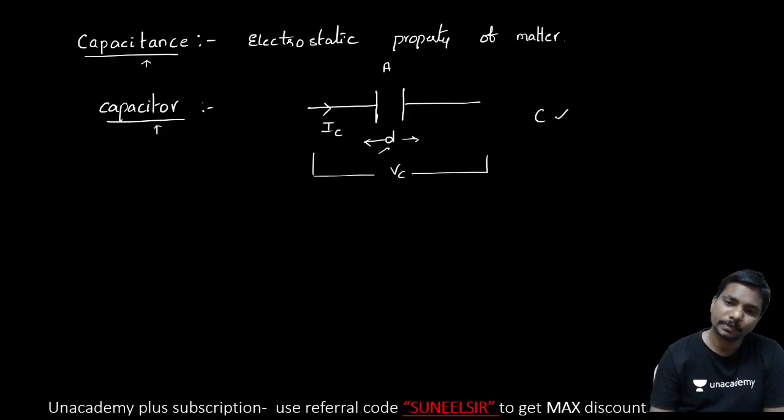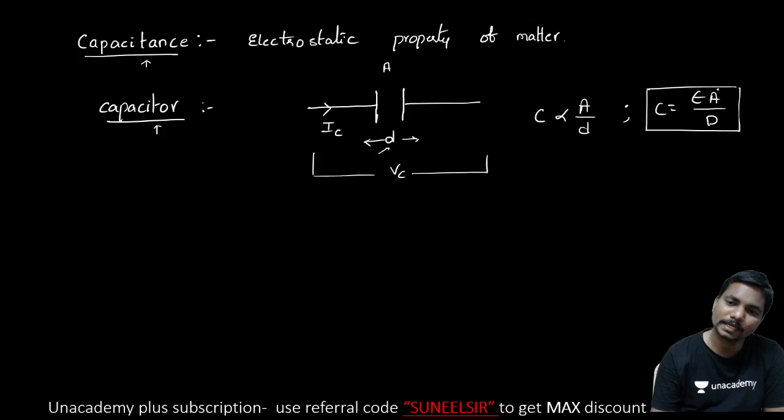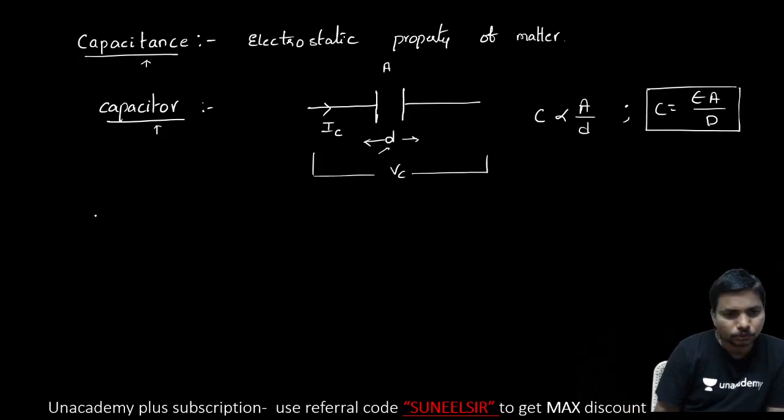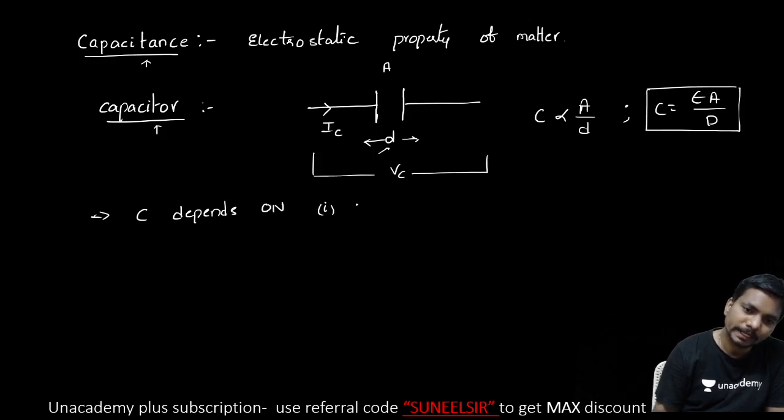So we can say C is proportional to A by D. If you remove the proportionality, we have to take one constant, that is epsilon: C equals epsilon A by D. So the capacitance depends on epsilon, the dielectric. Very important point, the capacitance value depends first on the nature of dielectric.